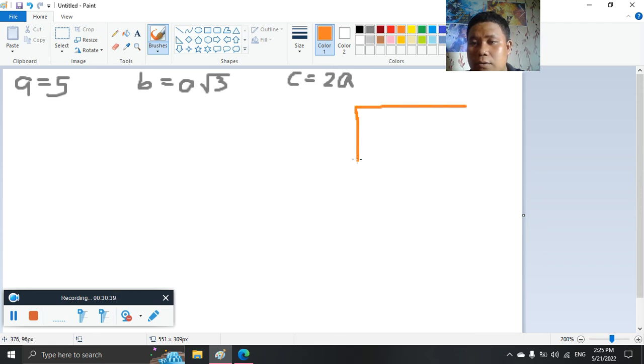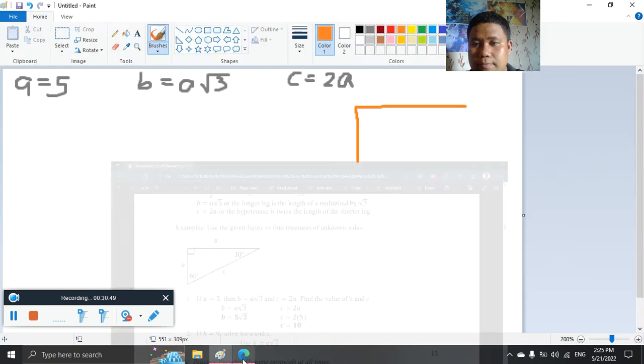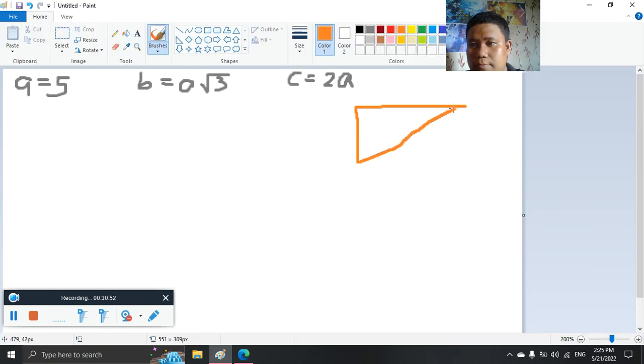So this is A, the shorter leg, the longer leg is B, and the hypotenuse is C. Okay? So A equals 5, B is A the square root of 3, C equals 2A. So find B and C.